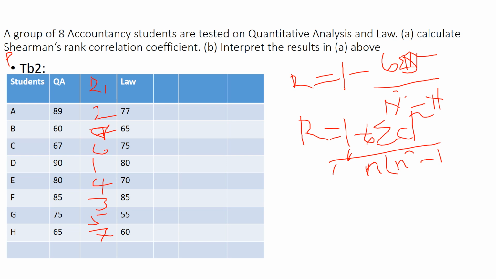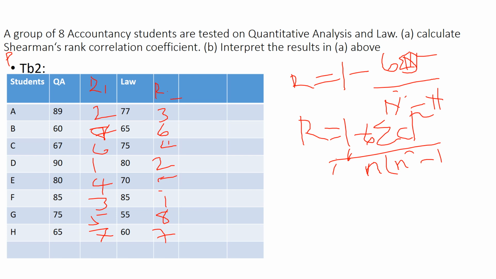Then we have number 8 there, number 1 here, number 5 there, number 2 here, and here we have number 4. Here we have number 6, and here we have number 3. So this one is our rank 2.